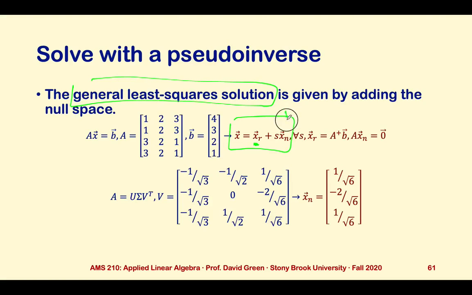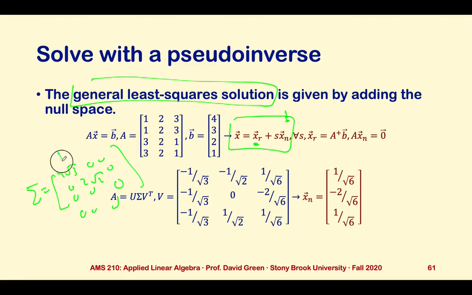So how do we get this null space? Well, the null space is already sitting in our answer. Remember that sigma was 4 root 2, 4 root 3, 2 root 2, 0, and 0, 0, 0.